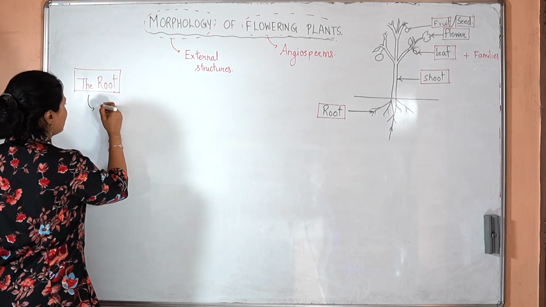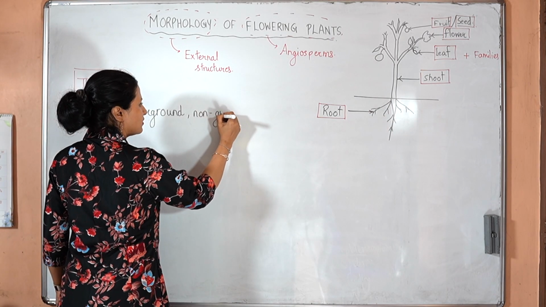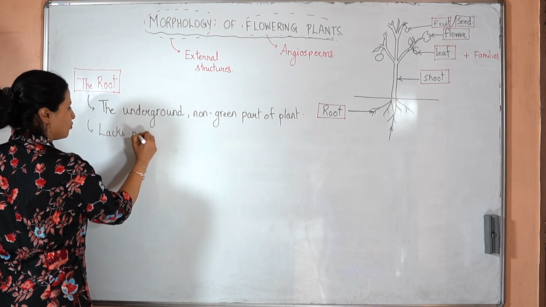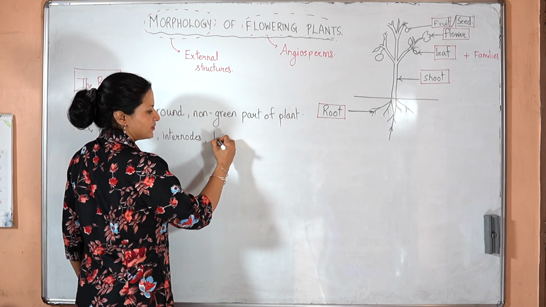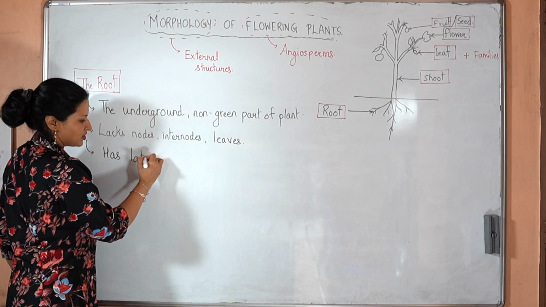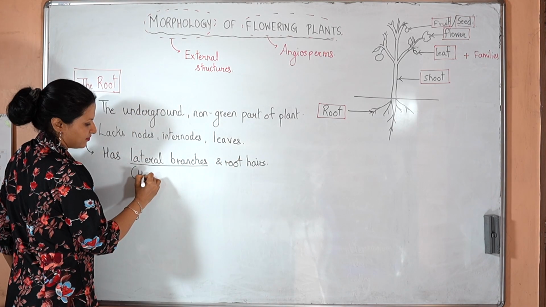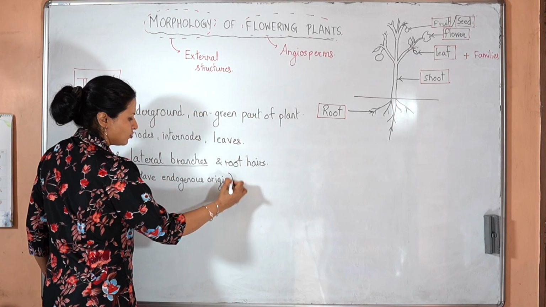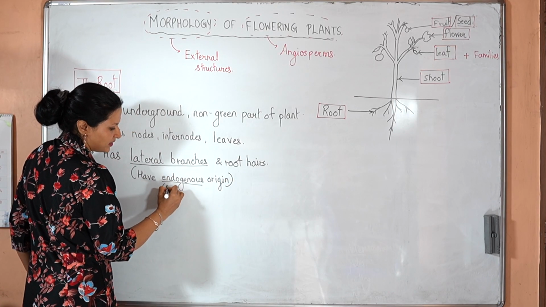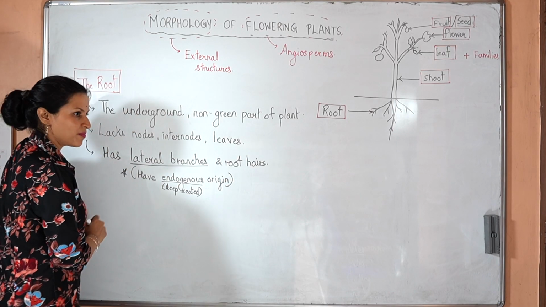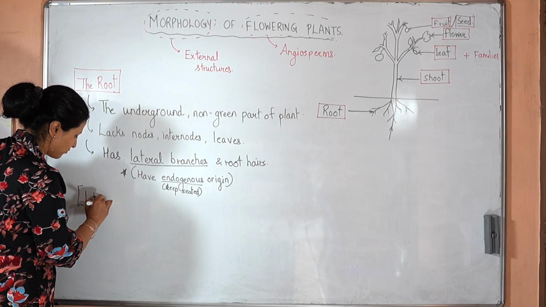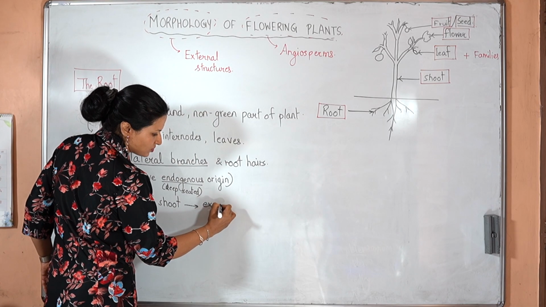The root is the underground non-green part of the plant, lacks nodes, internodes, leaves, has lateral branches and root hairs, but the lateral branches have endogenous origin. Endogenous meaning very deep-seated origin. This is an extra point. Lateral branches of the shoot have exogenous origin.